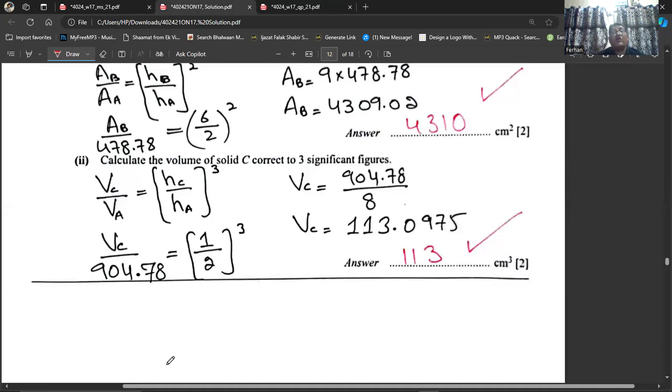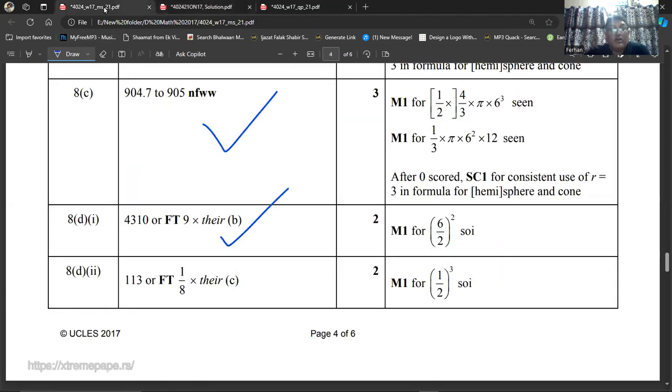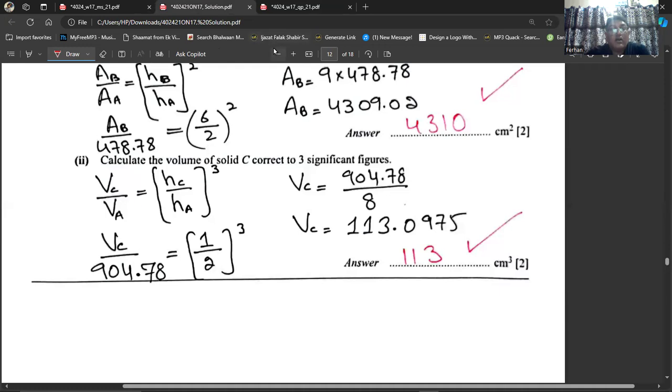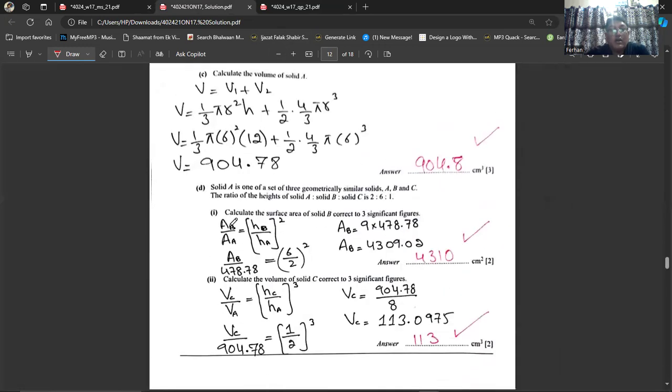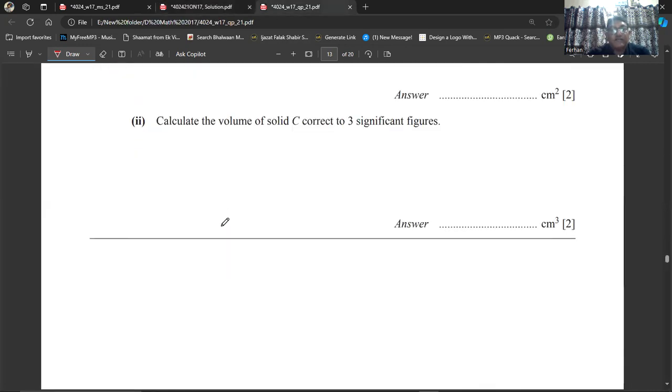So you will have the volume of C equal to 904.78 divided by 8, and that will be 113 centimeter cube. 113 centimeter cube is the right answer, sir.